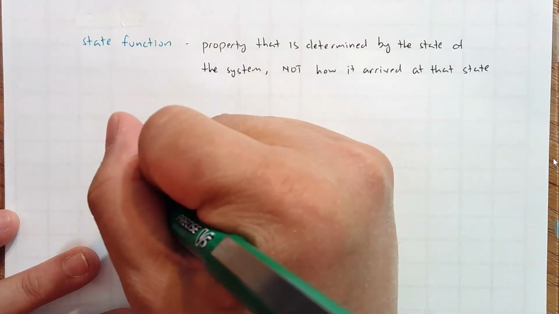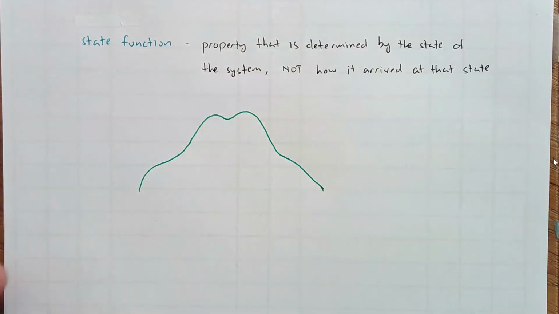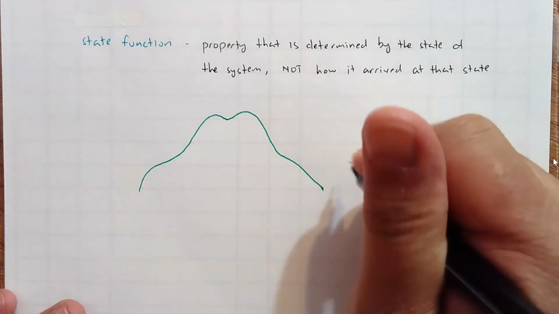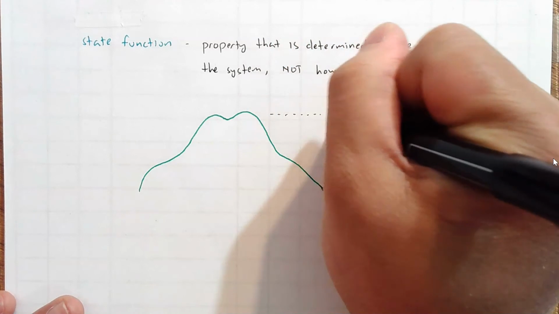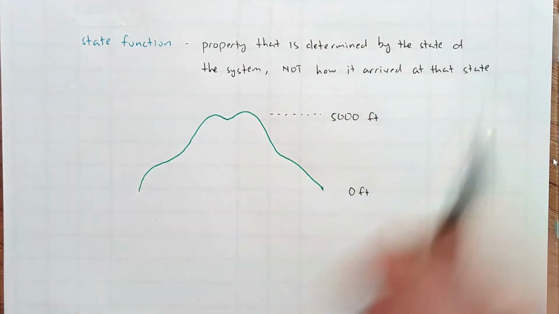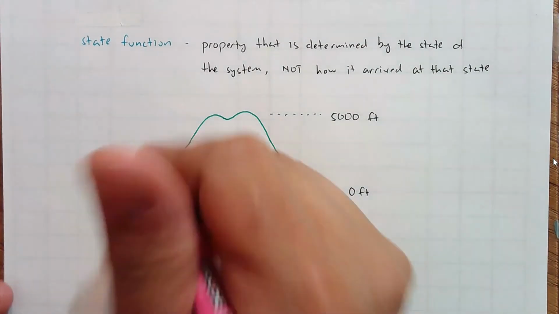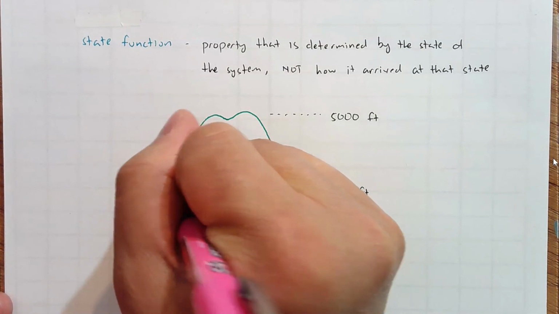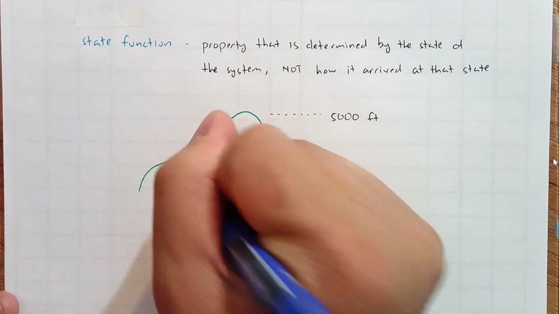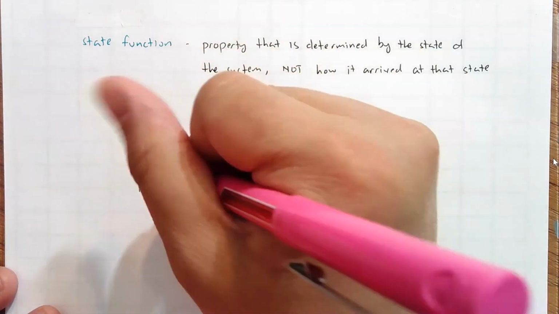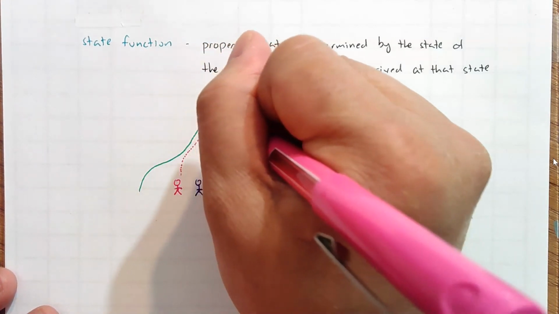Let me give you an example, something that you might more easily relate to. Let's say we have a hill, or maybe not even a hill, a mountain, and that mountain has an elevation of maybe 5,000 feet. And we have two people. We're going to start those two people at the bottom. One pink and one purple. And the pink person will trek a direct path to the top.